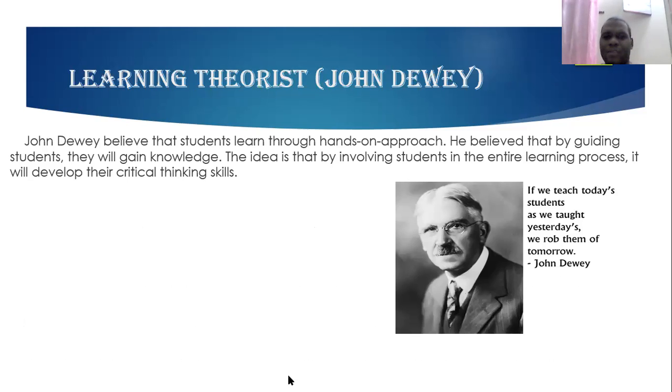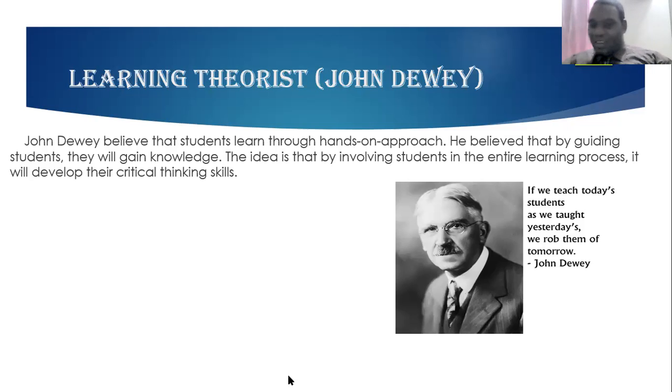One of the learning theorists who is very supportive of the problem solving approach is this fellow here, nice little fellow, John Dewey. I'm very interested in this thought by him.